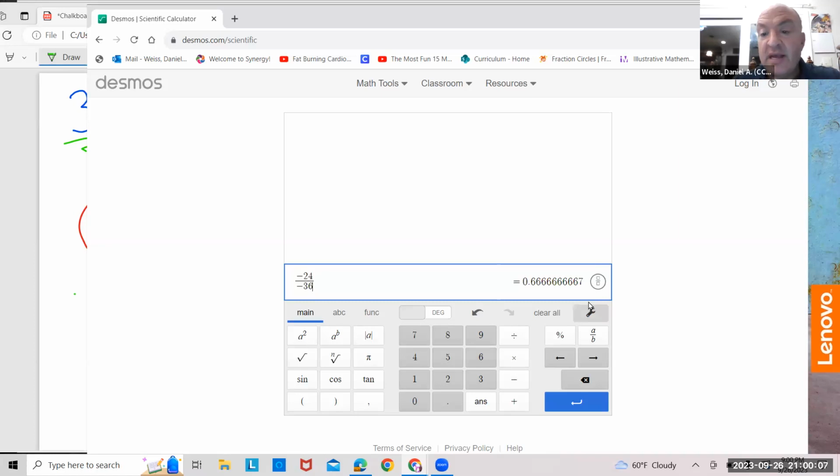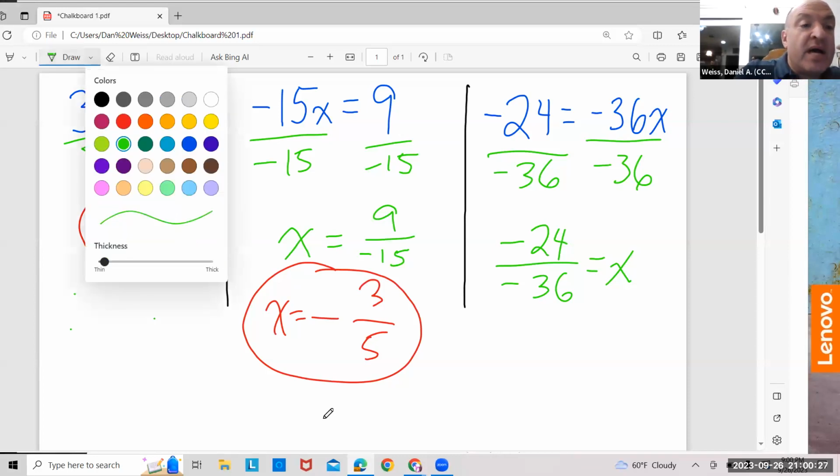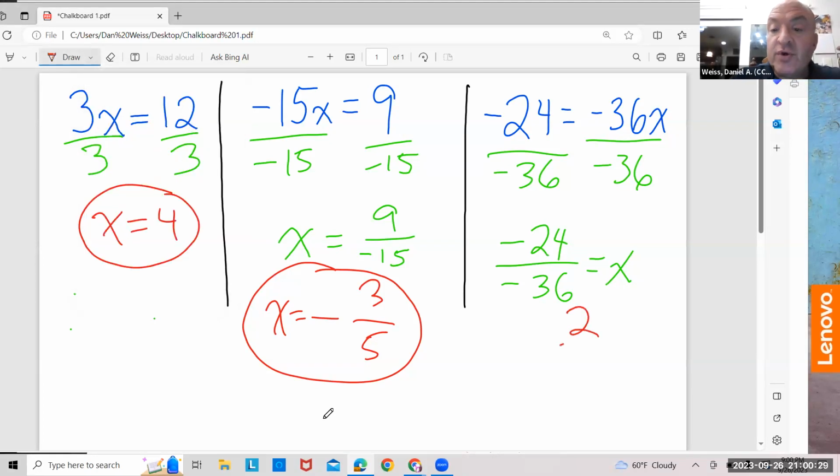And it says 0.666666667. I'm going to click the convert to fraction key. And look, it gives you 2/3. Notice it's positive because a negative over a negative is a positive. So your answer here is going to be positive 2/3.